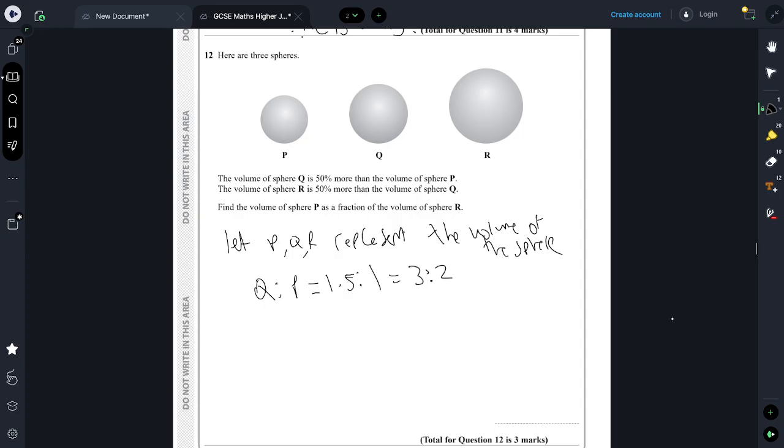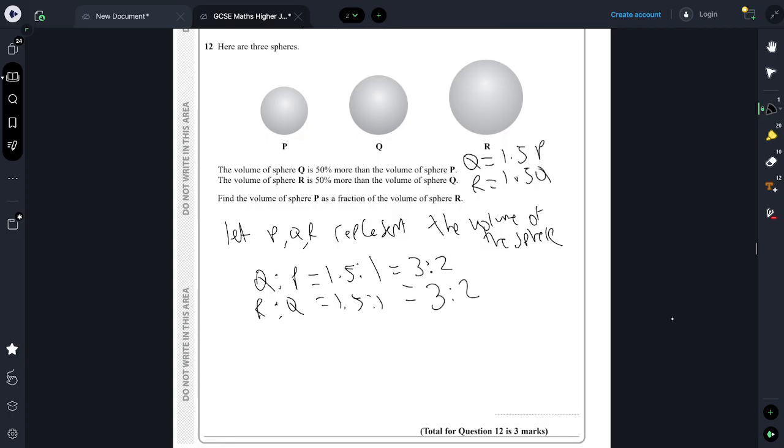So sphere Q is 50% more than P, so Q would be 1.5 lots of P, and we can write that as this ratio here. Likewise, sphere R is 50% more than Q, so that's 1.5 Q. We can say the same sort of thing here. So R to Q is going to be also 1.5 to 1, which is going to be 3 to 2 again.